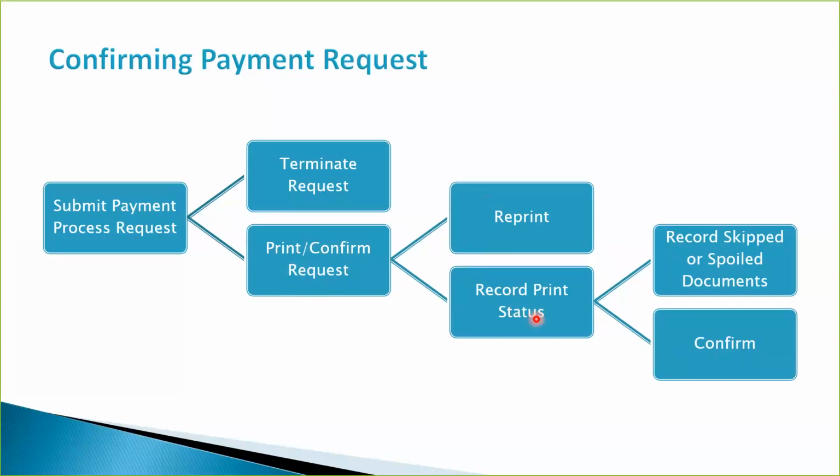If you go to record the print status, and you have skipped or spoiled documents, which I said we are going to talk about, then you can record the documents that were skipped or spoiled there. Okay. And then after you have updated that, you confirm and complete the payment process. And we will talk about what actions are taken in regards to any documents you record as skipped or spoiled.